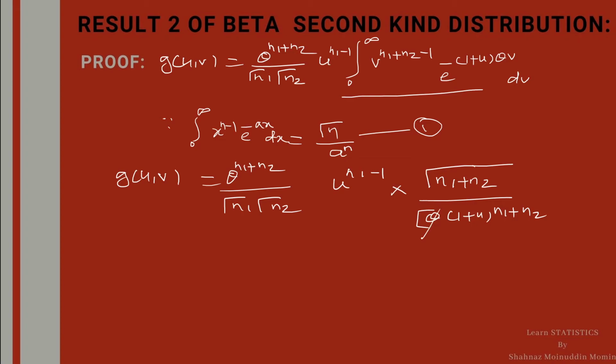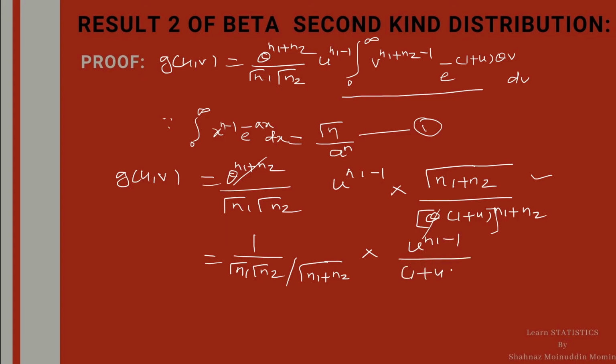This theta raised to n1 plus n2 gets cancelled with theta raised to n1 plus n2, and gamma n1 plus n2 can be taken in the denominator, as 1 by gamma n1 gamma n2 divided by gamma n1 plus n2, multiplied by u raised to n1 minus 1 upon (1 plus u) raised to n1 plus n2.